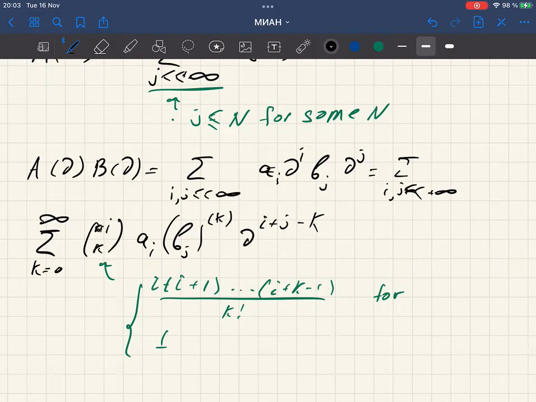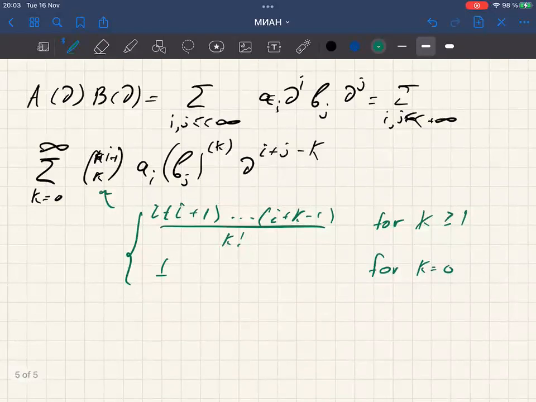Yes, k plus i, then minus 1, I guess. Yes, it should be so, minus 1. It equals 1 for k equals 0, and it is determined for all i, even negative ones. Yes.